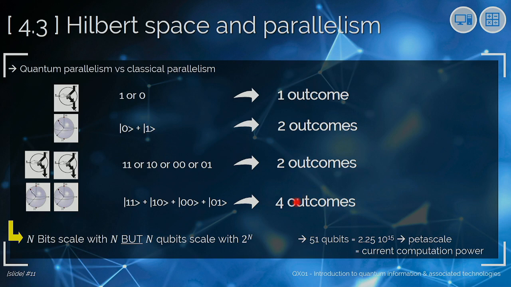And as said before, if I were to have 51 qubits, that's around 2 to the power of 51 in terms of computational power. So it's sort of petascale computational power, and it's already the current maximum computation power that we can do classically.